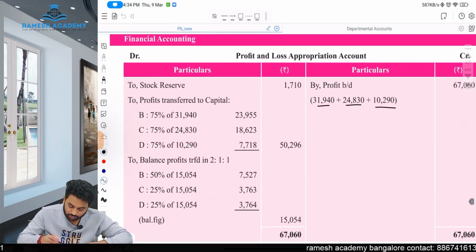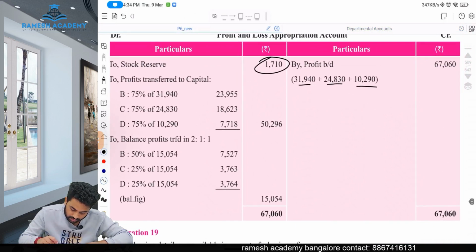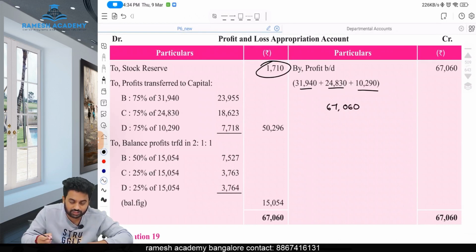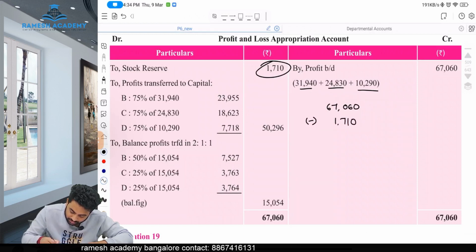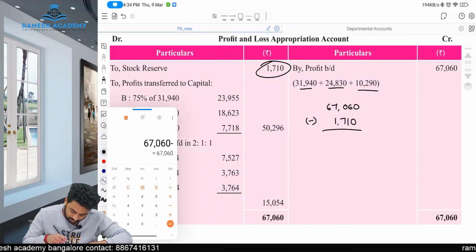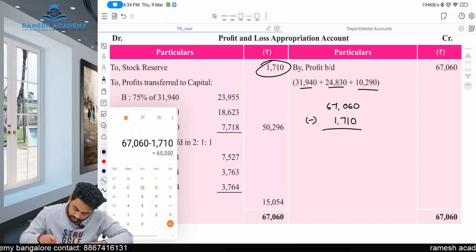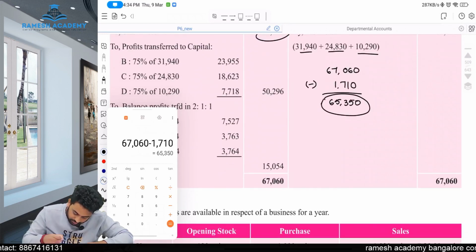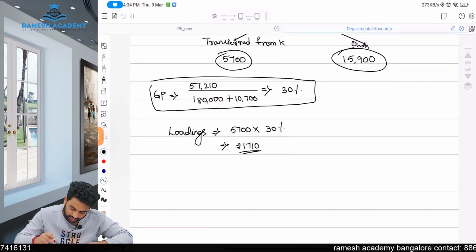Now tell me how much is pending? Total profit was 67,060. From that, minus unrealized profit of 1,710. At the end of the day, the firm made a profit of 67,060 minus 1,710, that is 65,350. Done.